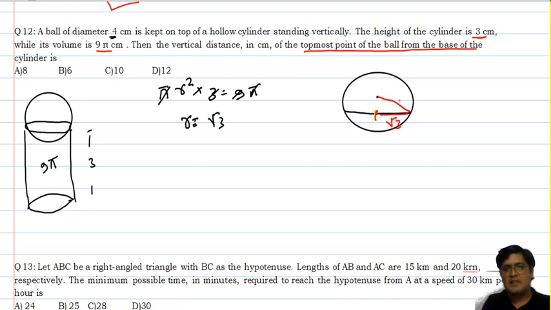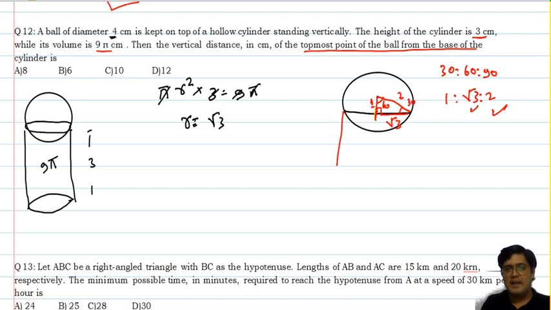This radius is 2. Now recall the 30, 60, 90 ratio. It is 1 : root 3 : 2. 2 is the hypotenuse and root 3 is opposite to 60 degrees. So if I draw a line here, this angle is 60, this angle is 90, this angle will be 30. So this length will be 1.